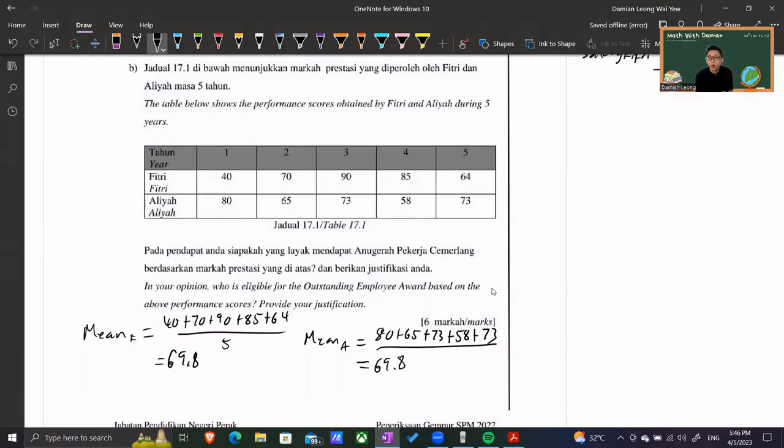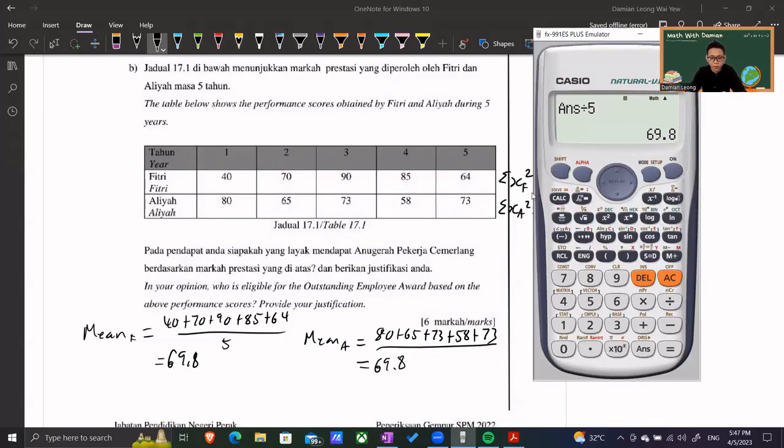Yeah. So means I cannot compare using mean because the mean is the same. Then we look at who is more consistent, which we can compare by using the measures of dispersion, which the best is standard deviation. Yeah, standard deviation. So we find sum of values square for each one of it, for Fitri and Alia.